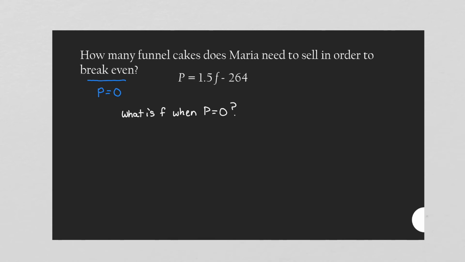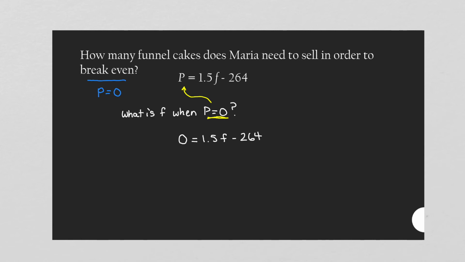So to find F when P is 0, it's almost self-explanatory. We're going to take 0 and substitute it in place of P and then solve for F using our processes to solve simple algebraic equations. So let's put 0 in place of P, and that's 0 equals 1.5 times F minus 264. Now, how do we solve this equation?